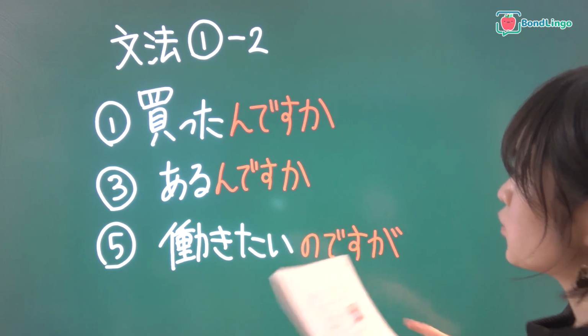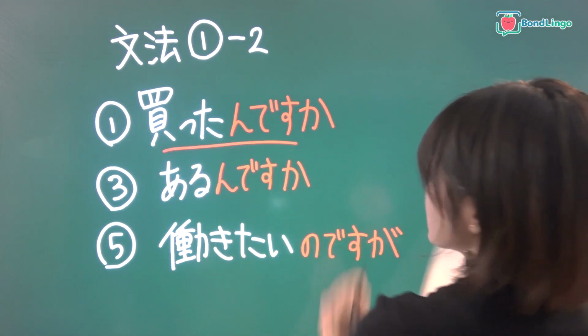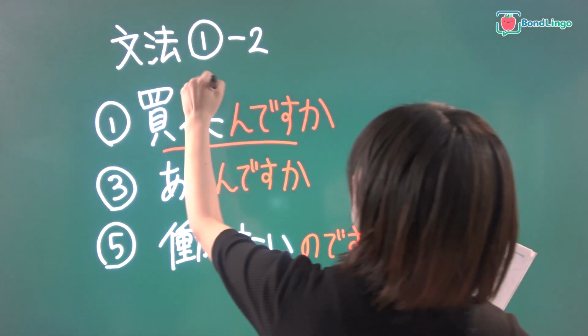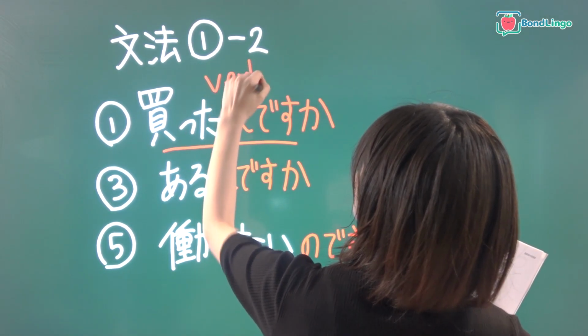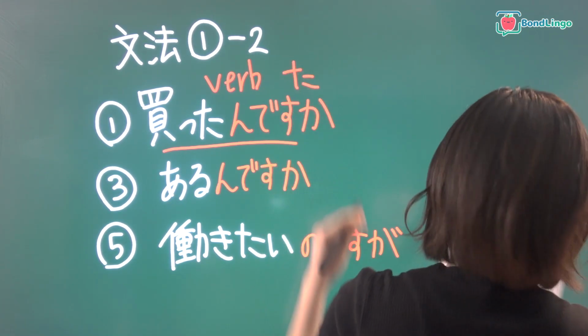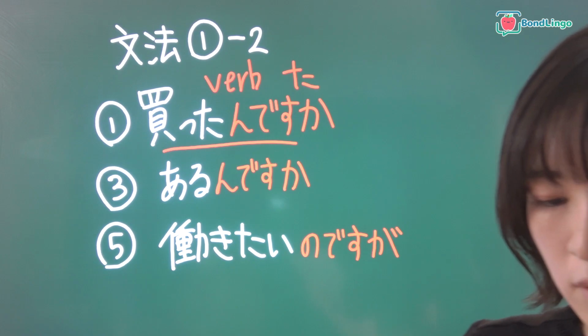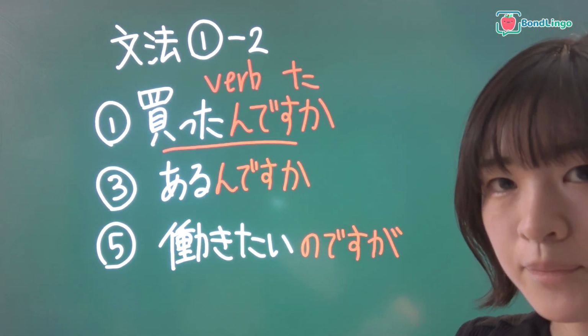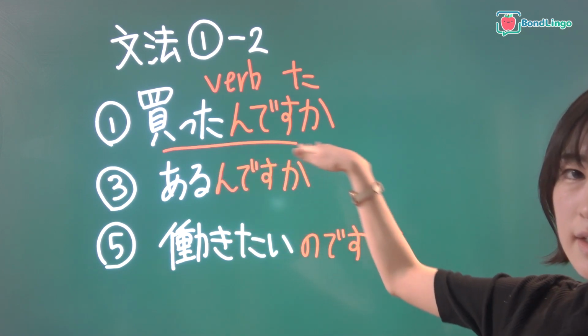Where did you buy it? どこで買ったんですか? This is a more casual way, and it's a verb, so past form, た. The past form of 買います is 買った. So 買ったんですか?